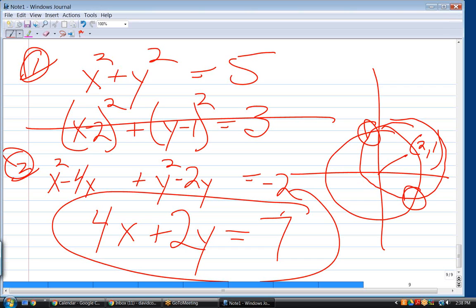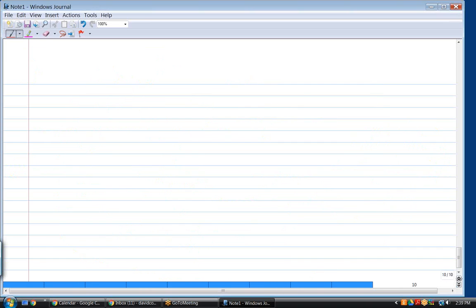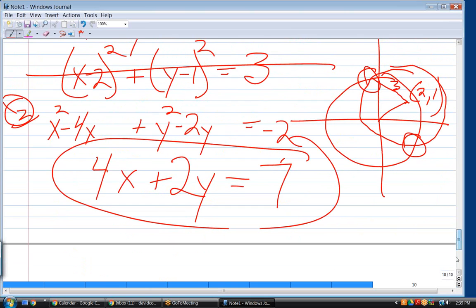So this distance to that intersection point has to be 3 no matter what. Well, that actually might give me my second equation. In other words, the distance between there and there. Okay, use the distance formula.